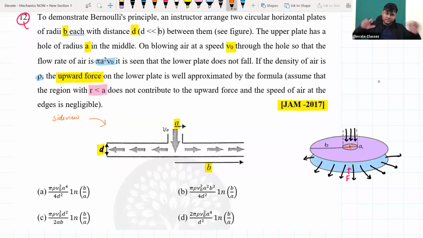This region does not contribute to the upward thrust. The other region does.